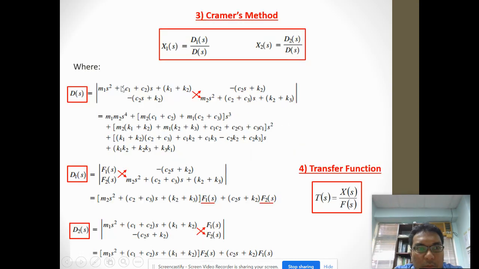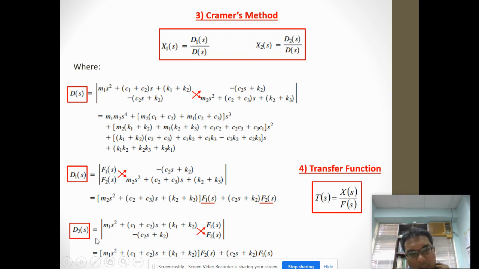Okay, so this is the Cramer's method. You can search and find how you can solve in terms of Cramer's method to get the transfer function form. So for the below part, this is the Ds value. You can solve it like this. And for the upper part, D1 and D2, where you replace the F1 F2 here for the D number 1, this part remains above, and then you can solve it.